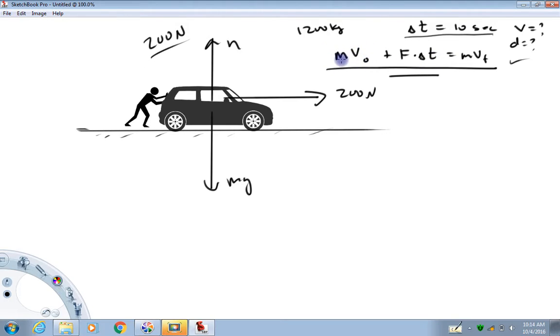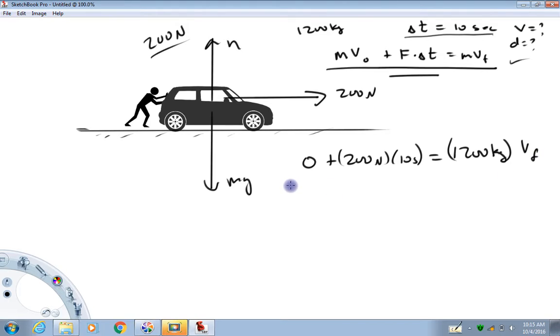And the car presumably starts from rest, so the initial momentum is going to be 0. So by the time I write it all out, we're going to have 0 plus 200 newtons times 10 seconds equals mv final. The mass of this car is 1,200 kilograms. I made that up. The final velocity we're going to know in a minute.